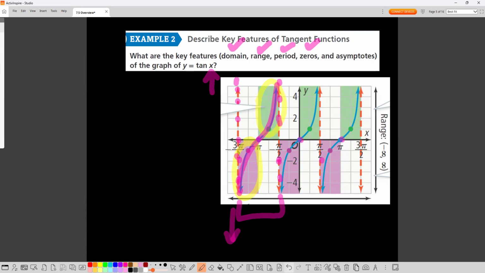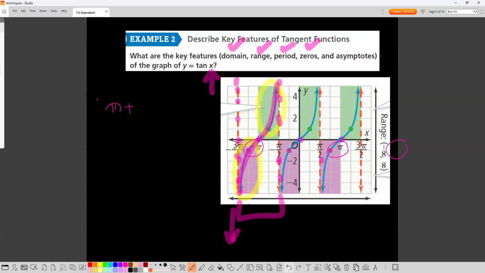Sometimes they'll write that as pi plus, or in this case, you could just put n times pi. So it'll be at your negative pi, your pi, at your 2 pi over here. Any multiple of your pi is going to end up being on the x-axis.